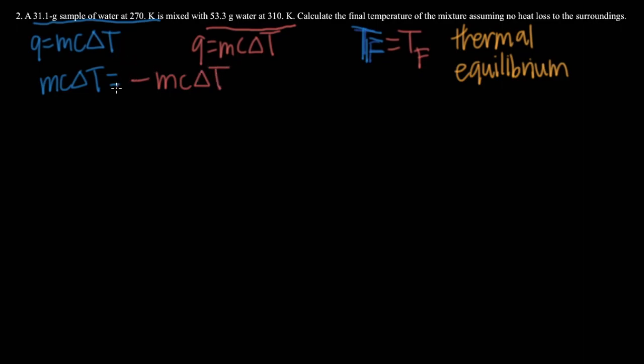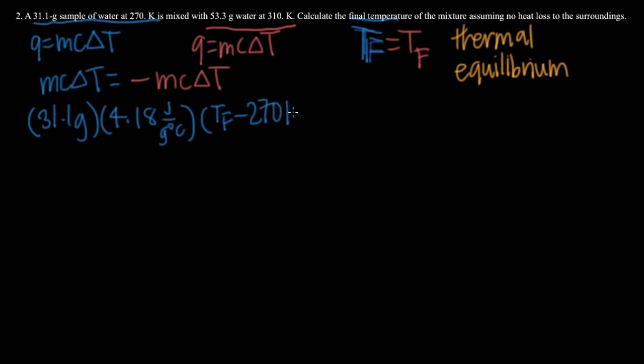Okay, so now that we have an equation, we just need to plug in all the numbers. The m for the 270 Kelvin sample is 31.1 grams. The c for any sample of water is always 4.18 joules over grams degrees Celsius. And the change in temperature is our final temperature, which is what we're trying to find, minus our initial temperature, which is 270 Kelvin.